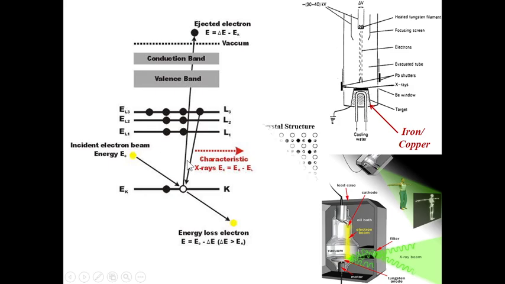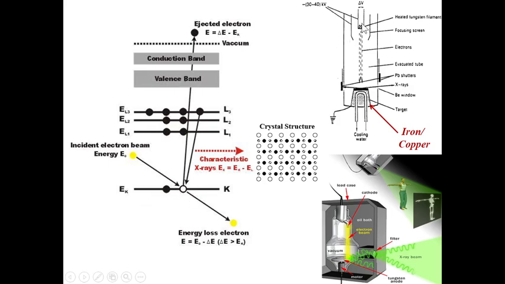This X-ray that has been produced is going to be incident on a crystal structure or any material to characterize its structural information. To extract structural information of an unknown crystal structure, we use the X-ray produced by this method.